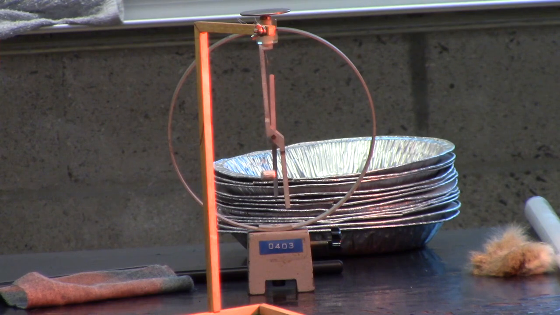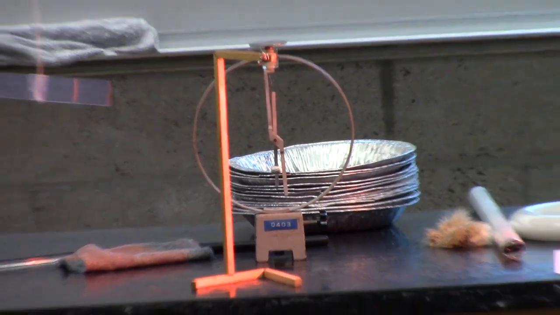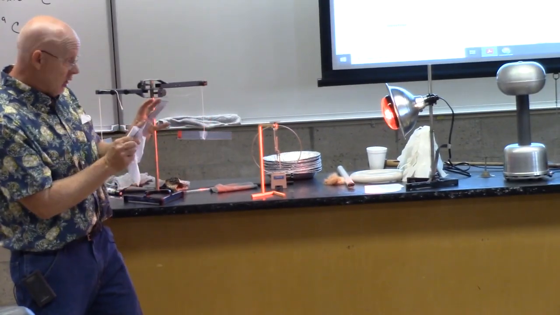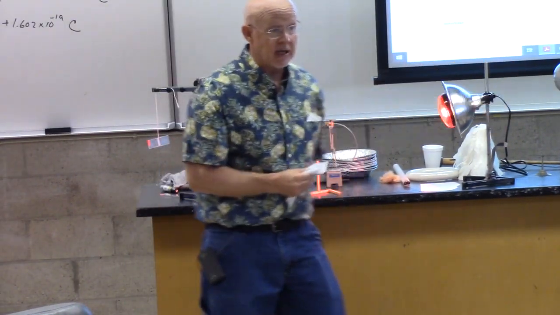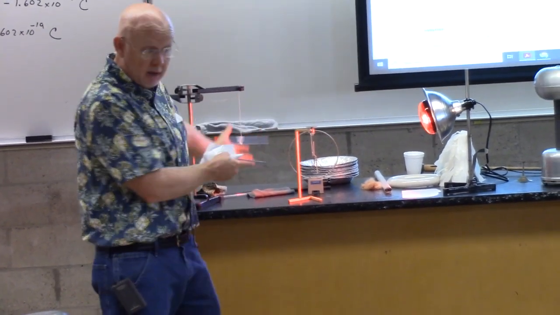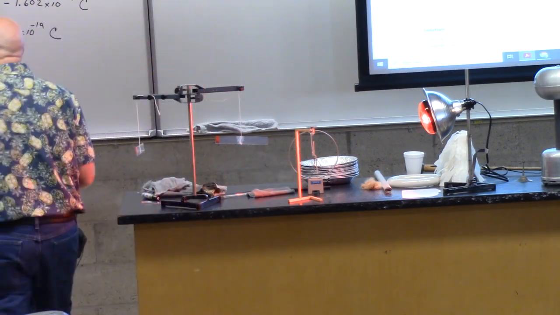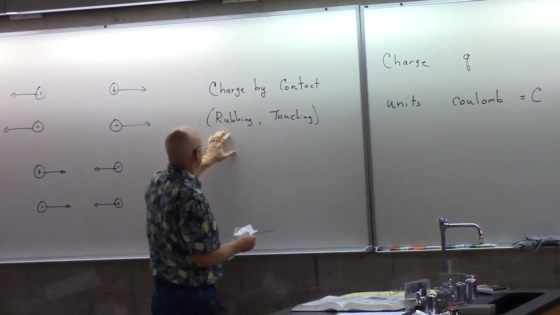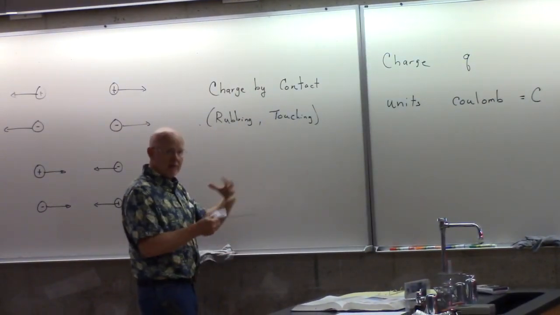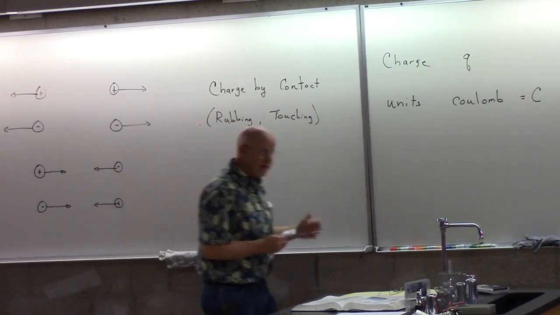Because what happened is it actually came over and made contact, and then some of these electrons, when they got near that aluminum, jumped over and hooked onto that aluminum piece, and so now that aluminum is negative. So notice I'm doing the same thing. I'm putting extra negatives on the aluminum, but I didn't rub it. And so I would put this in the same category, that I am charging something up by contacting it, either by directly rubbing it, and so scraping them one way or the other, or having something that's already charged negative and then touching it.